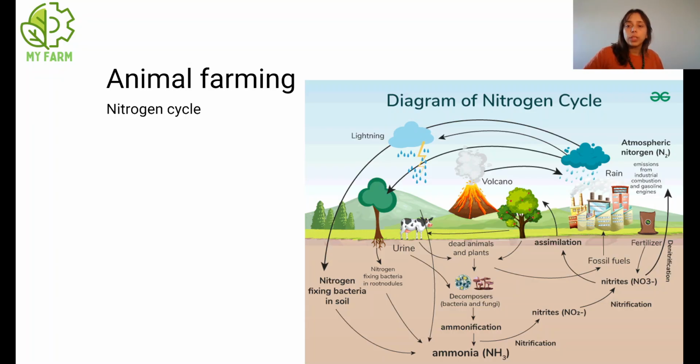It involves key steps like nitrogen fixation, where atmospheric nitrogen is converted into usable forms like ammonia; nitrification, where ammonia is converted to nitrates; assimilation, where plants and animals take up these nitrogen compounds; ammonification, where decomposers return organic nitrogen to the soil; and denitrification, which converts nitrates back into nitrogen gas, returning it to the atmosphere.